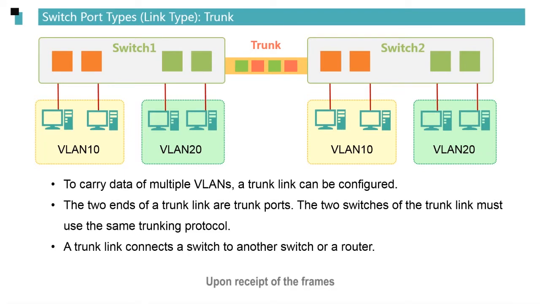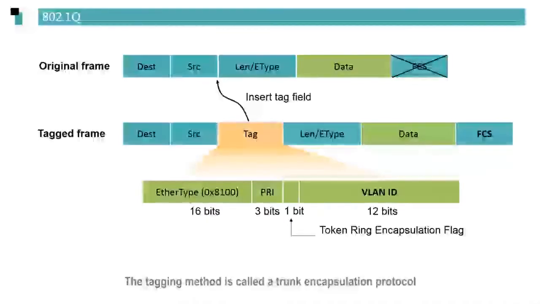Upon receipt of the frames, the remote switch checks the tags and determines the VLANs to which the frames are forwarded. Such a link between the two switches is called a trunk link, and two ports on both ends of the link are trunk ports. The tagging method is called a trunk encapsulation protocol.